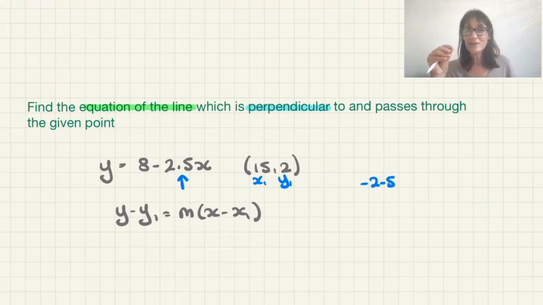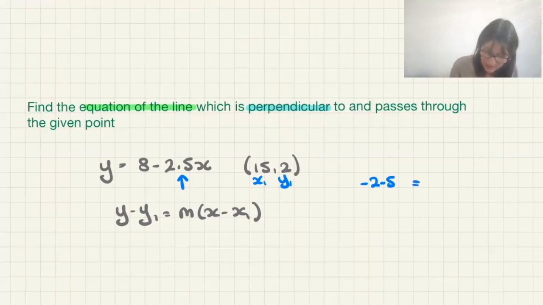Now, if it's on a calculator paper, all you're going to do is put 2.5 into your calculator, press equals, and it's going to give you the fraction version, because your calculator is set by default to give fraction results. So if you did that, your calculator would tell you that it's minus 5/2. If it didn't do that, then obviously you would have to be doing it by hand.